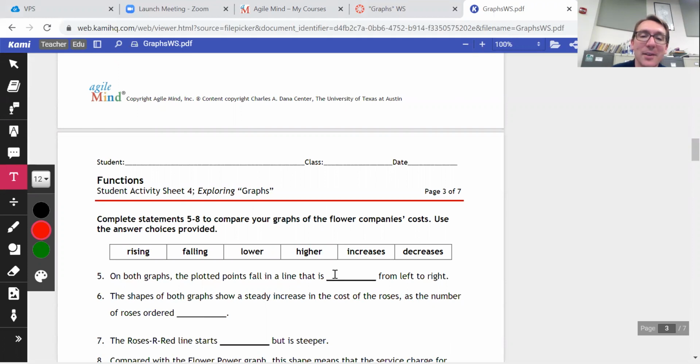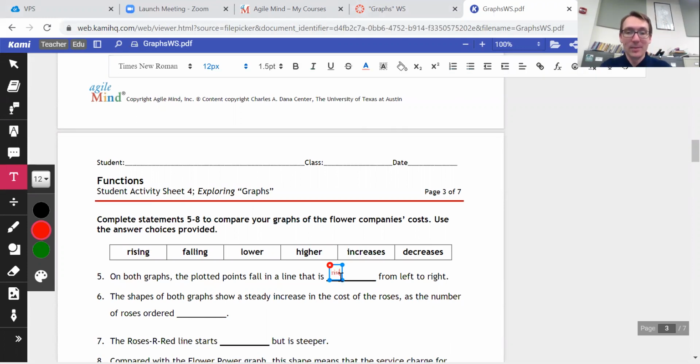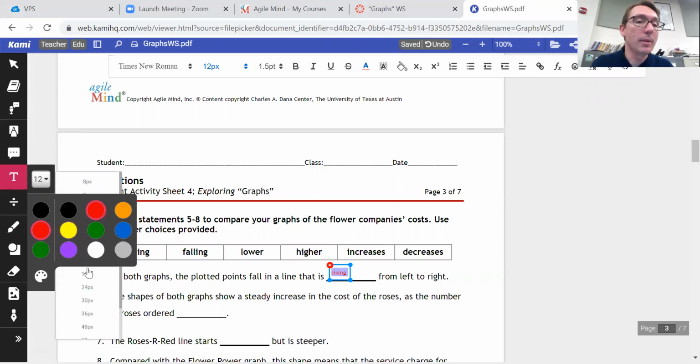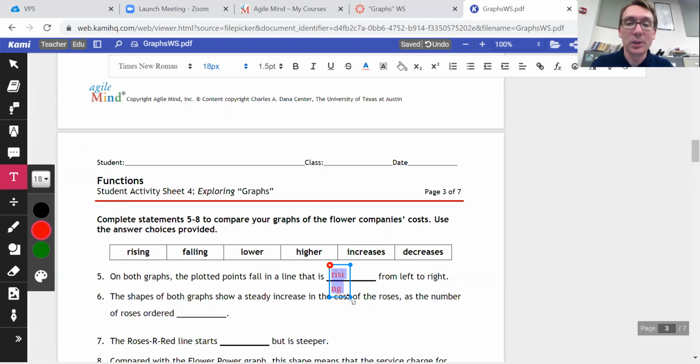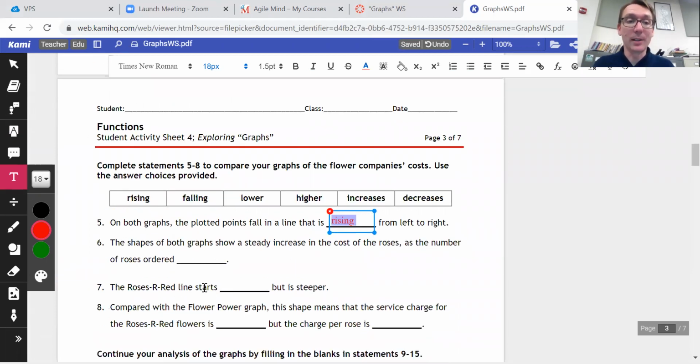I guess they're trying to say rising. I would say increasing. It's interesting that what they put is there, so whatever. We're going to say rising. I would say increasing if it were up to me, but that's not a choice. So we're going to follow the rules of English, and we're going to write rising. Okay, because they do get higher as they go from left to right.